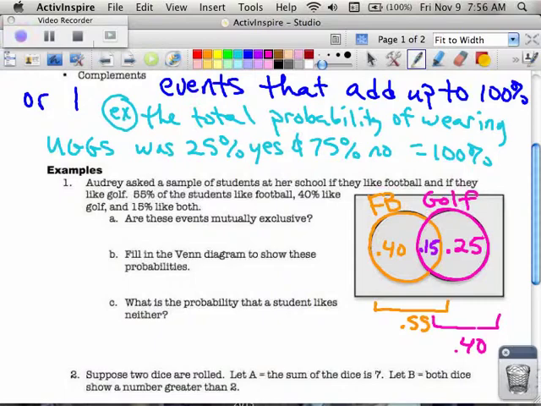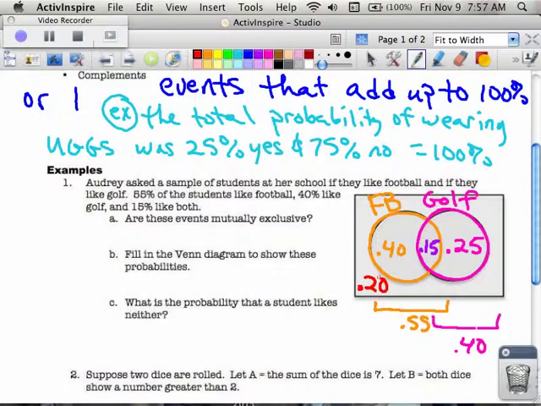What about the other 20%? They don't like either one of them. So I put those in a separate part, and what I'll do is down here, inside the square, or rectangle, pardon me, but not in either of the circles, I'll write down 0.20. Those people are the people that like neither football nor golf.